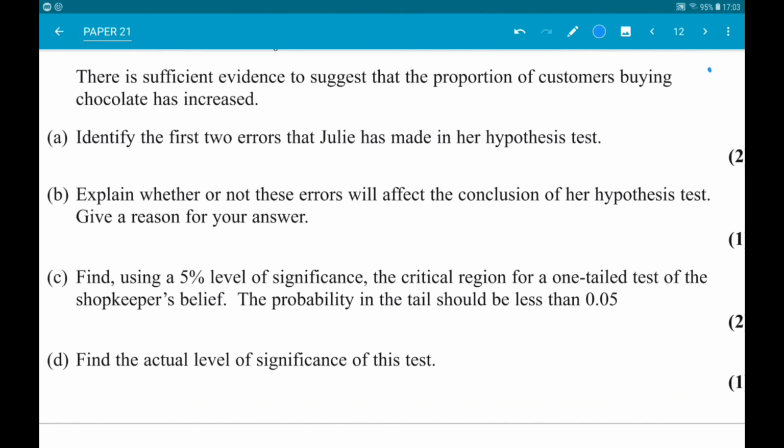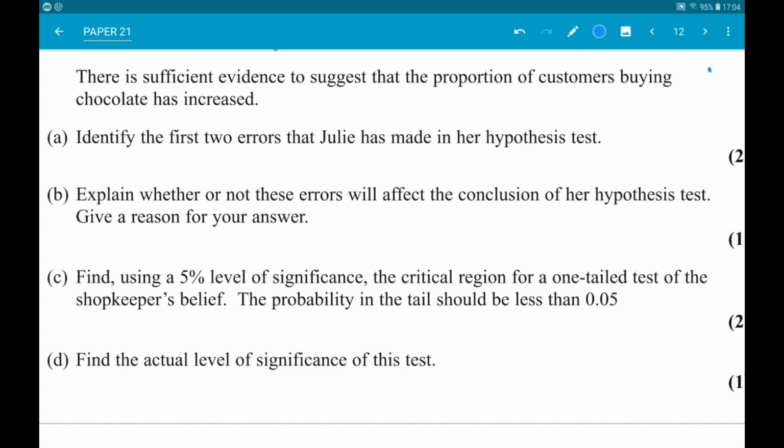C. Find, using a 5% level of significance, the critical region for a one-tailed test of the shopkeeper's belief. The probability in the tail should be less than 0.05. So, what this means is, find the smallest number of customers that had to buy chocolate out of the 30 to then reject H0.